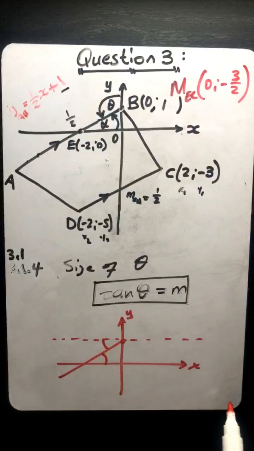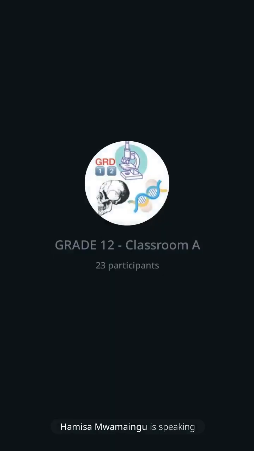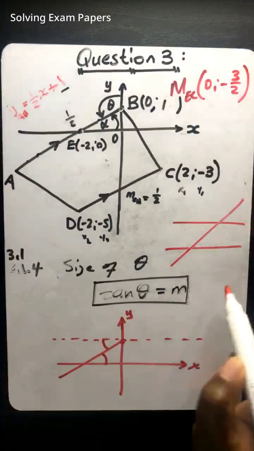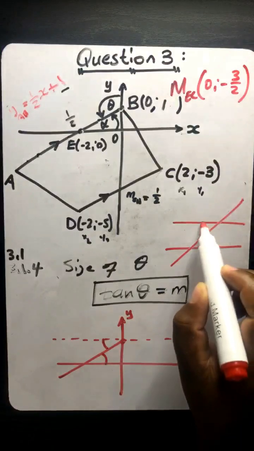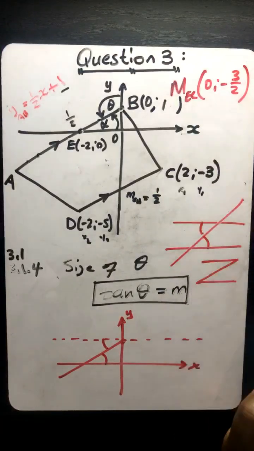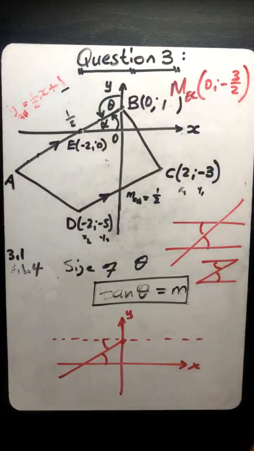I'm not sure if you guys still remember that. Yes, do remember it, where we say this angle is equal to that angle. I'm not sure if you guys use Z to say this angle is equal to that angle.